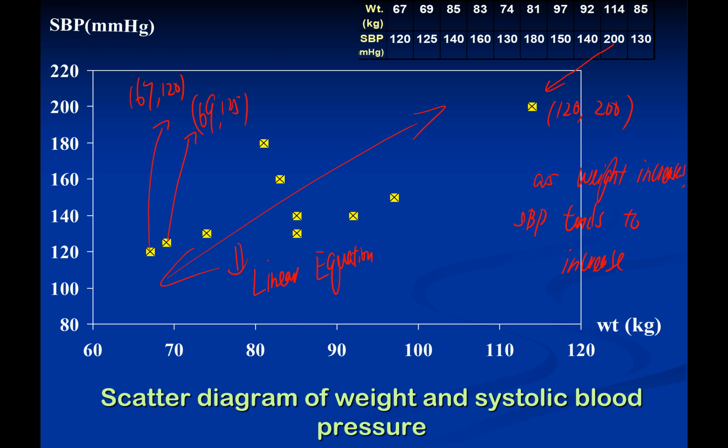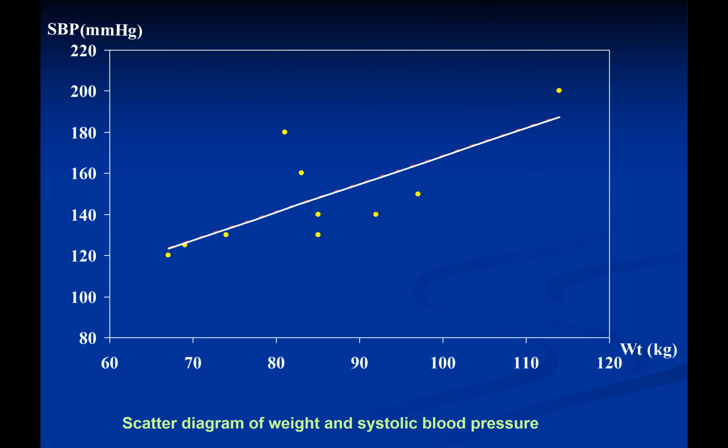This linear equation captures the essential characteristics of the regression model. This is what we try to do here. Eventually we come up with the best fitting line, which describes the relationship between those two variables.